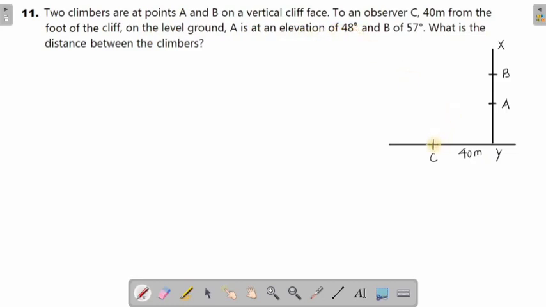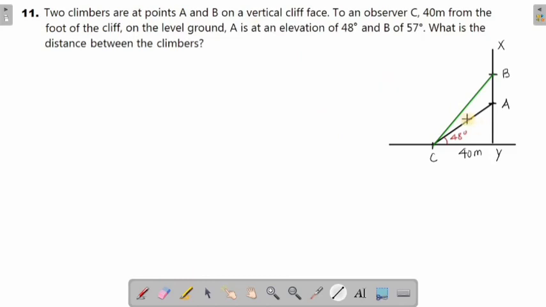That means from C, if you look at A, the angle of elevation is given to be 48 degrees. And B is at 57 degrees. If you look at B from the same point C, then your angle of elevation becomes 57 degrees.